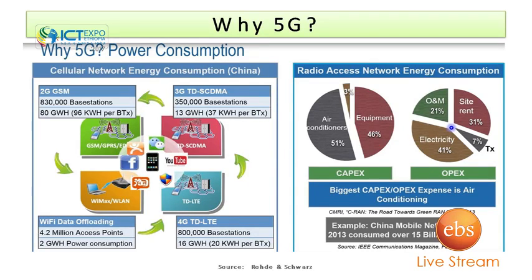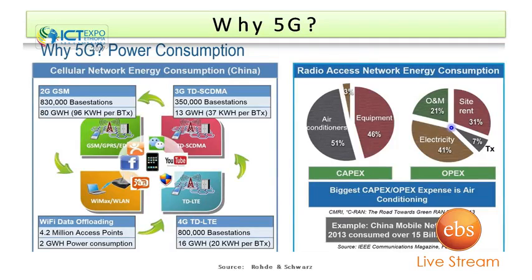In 5G, take a look at the power consumption. On the left side of the slide, you can observe that from 2G up to 4G, the power efficiency has increased. On the other side of the slide, most of the expenses go to the air conditioner. CapEx is capital expenditure, and the other side is OPEX, operational expenditure. So we can understand that most of the money is going for electricity.